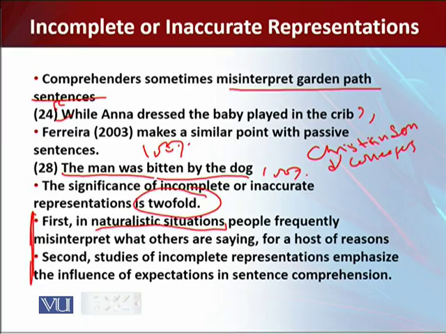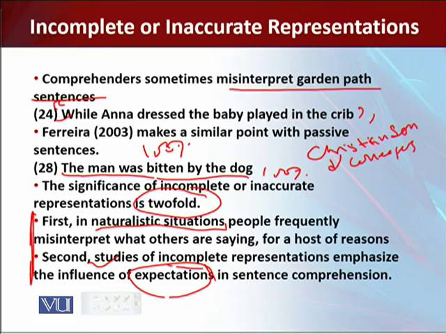Then the second one is that incomplete representation emphasizes the influence of expectations in sentence comprehension. When sentences that do not match our expectations are presented, we sometimes misinterpret them initially and ultimately correct ourselves, especially as the original garden path strategies suggest.